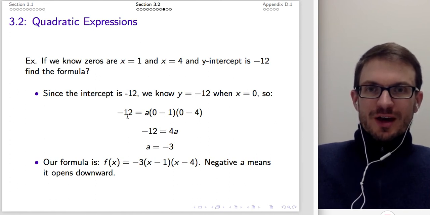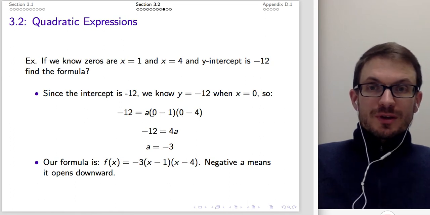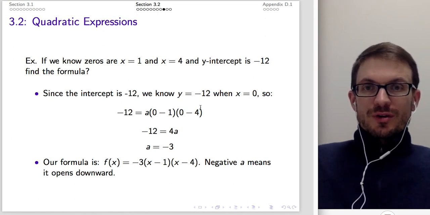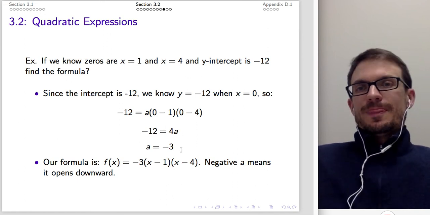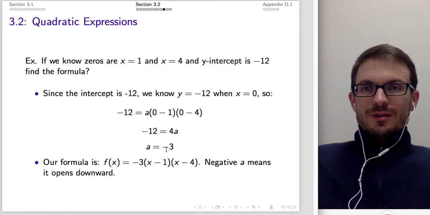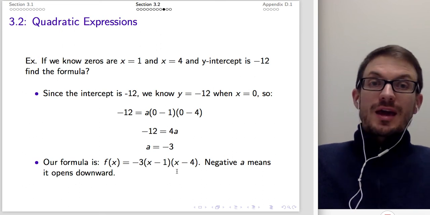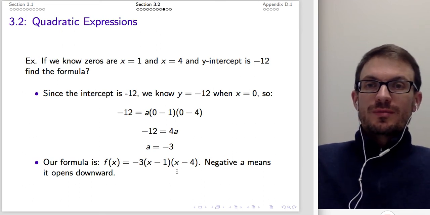This evaporates. This becomes minus 4. The whole thing's not 0, right, because this is 0 minus 1, so that's minus 1 times minus 4. It gives us positive 4a. Oh, a is equal to minus 3. So then our formula is minus 3 times the quantity x minus 1 times the quantity x minus 4. And the negative a means this thing opens downward.